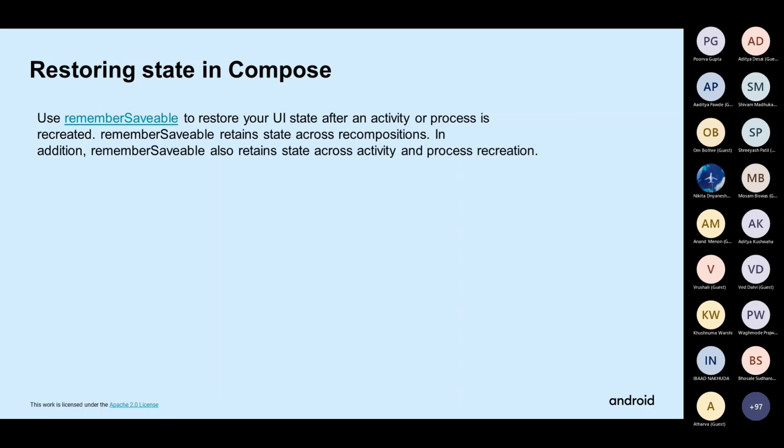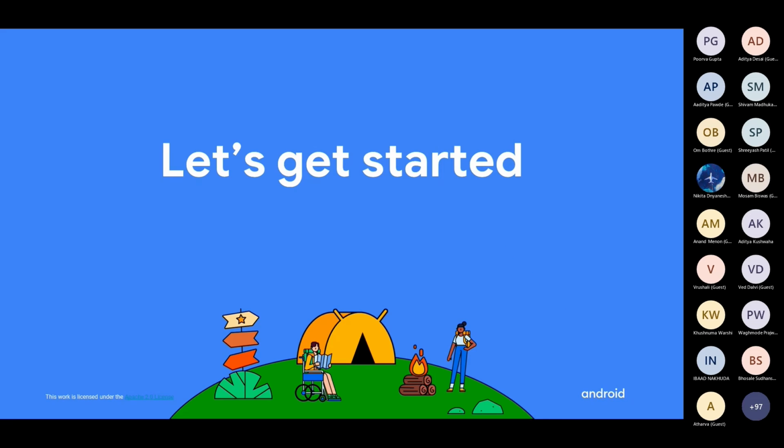Once you solve your pathway and then come back to this slide, you will understand everything in a better way. The purpose of this is just to give a gist about the concepts so that you can solve your pathways. Use rememberSaveable to restore your UI state after an activity or process is recreated. rememberSaveable retains state across recompositions. In addition, rememberSaveable also retains state across activity and process recreation.